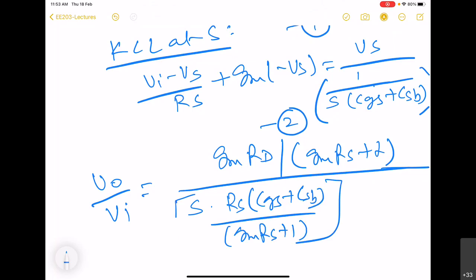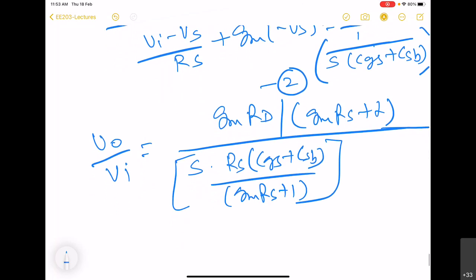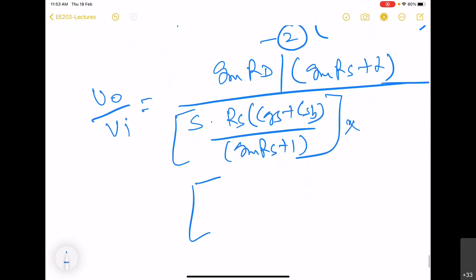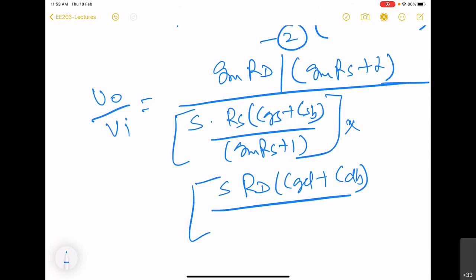So this is going to be one first order factor in the denominator. There will be one more factor in the denominator, and that is going to be 1 plus s RD (CGD plus CDB). So the denominator has two factors, this one and this one. Both are fortunately first order by default.